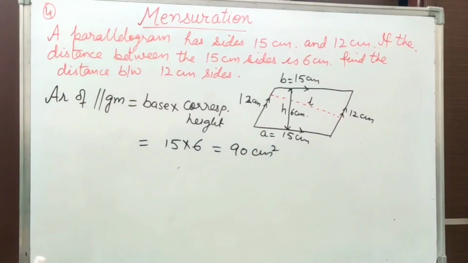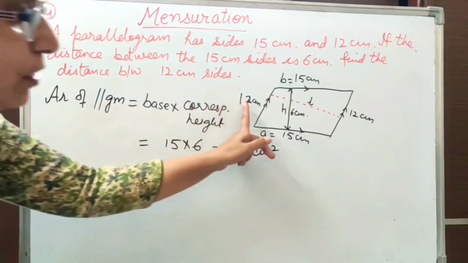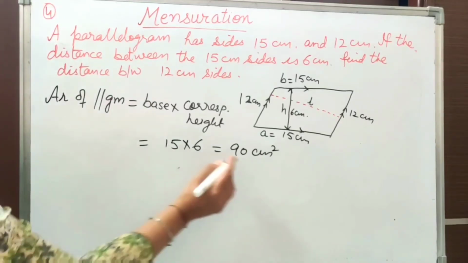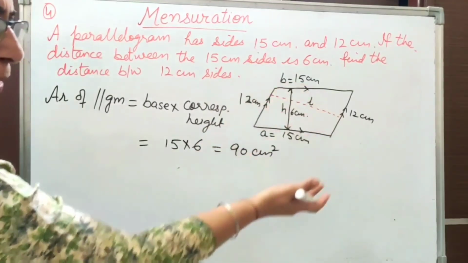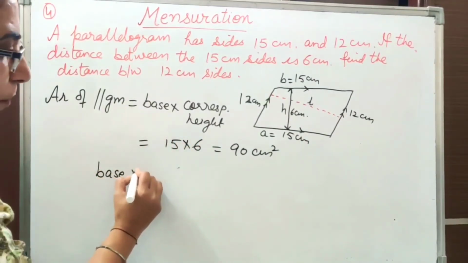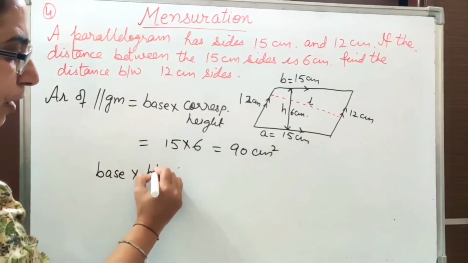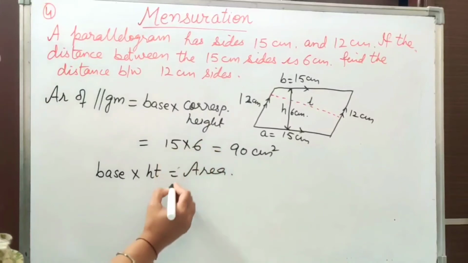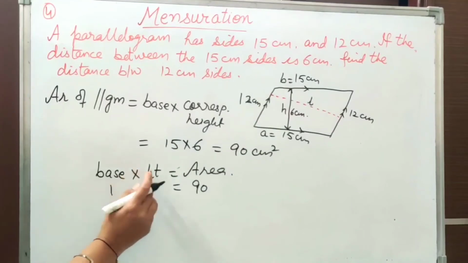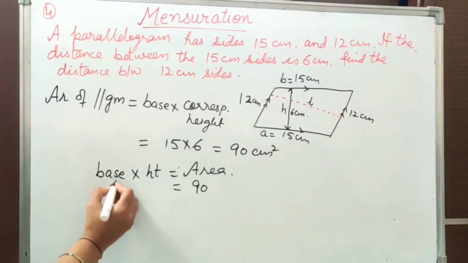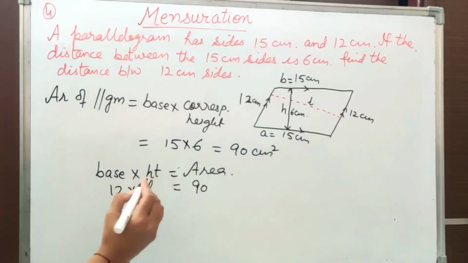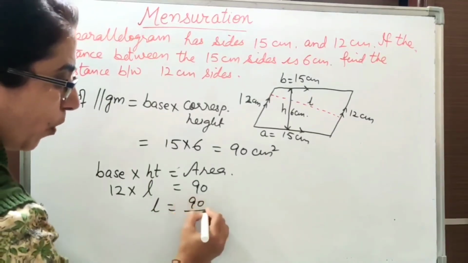But now it is required to find the distance between the parallel lines of the 12 centimeter sides. Area is the same because we are using the same parallelogram. Now base multiply corresponding height is equal to area. We have area 90, and because we are finding height corresponding to the 12 centimeter side, the base is 12 and let this height be L. So L is 90 upon 12.